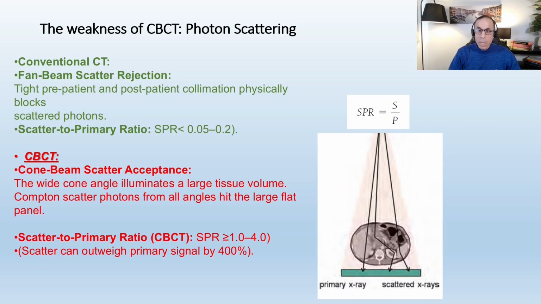For example, in pelvic imaging, the scatter to primary ratio can exceed 4. It means 400%, meaning that there are 4 times more noise and scattered photons hitting your detector than the actual primary beams coming from the anatomical signal.